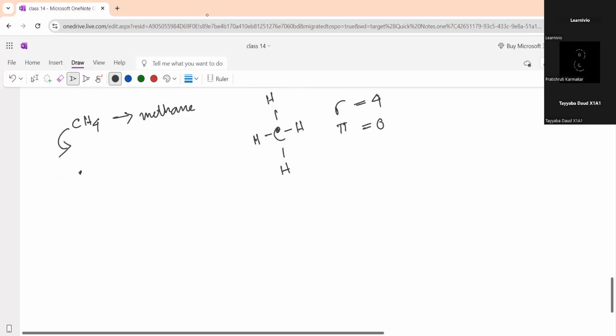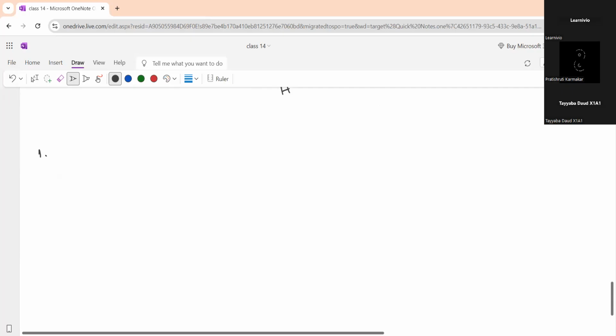Okay, let's do it properly. Firstly, we have methane, which is CH4, and the structure for this is carbon and 4 hydrogens.